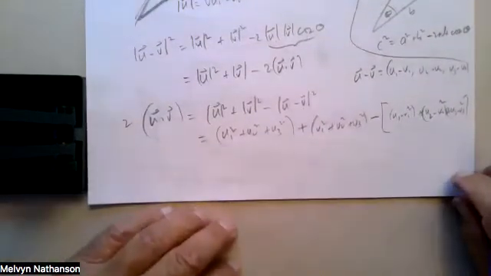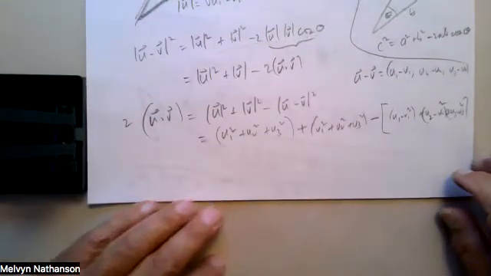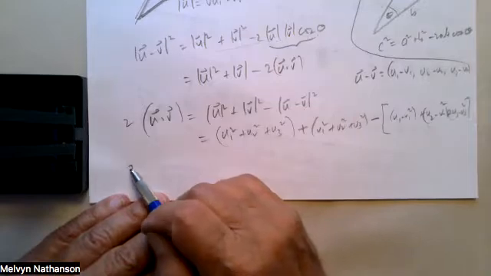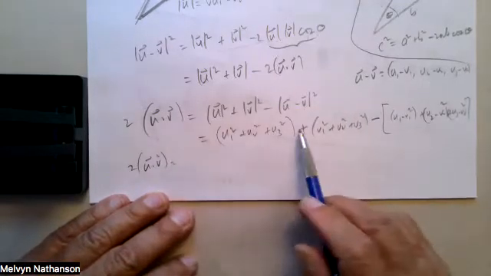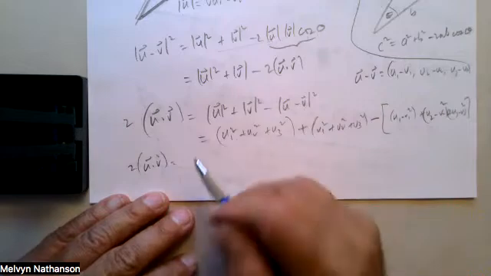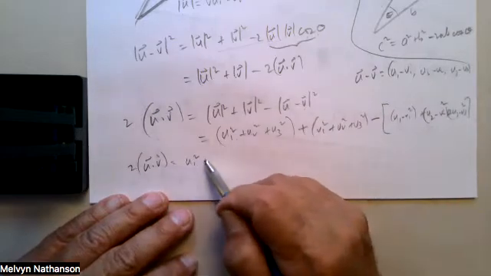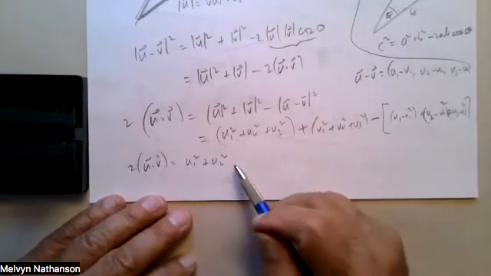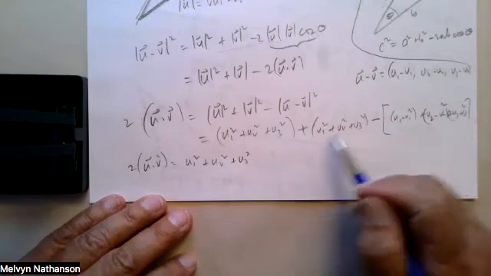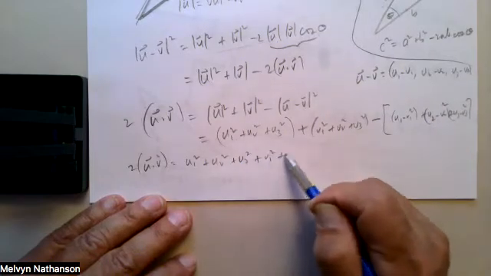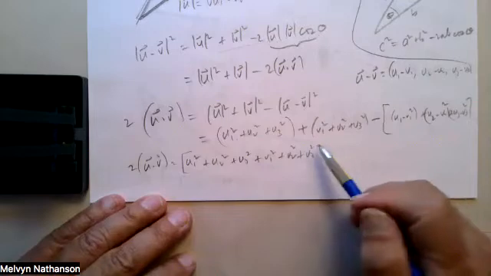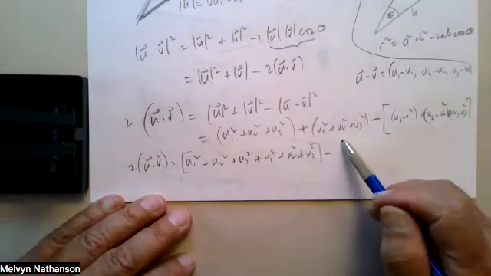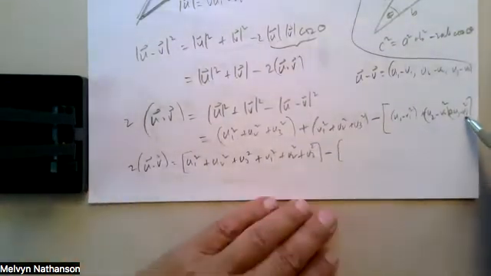Now you have to do a little bit of high school algebra. I have 2 times the dot product of u and v is this plus this minus this. So I have u1 squared plus u2 squared plus u3 squared plus v1 squared plus v2 squared plus v3 squared, minus this expression squared.